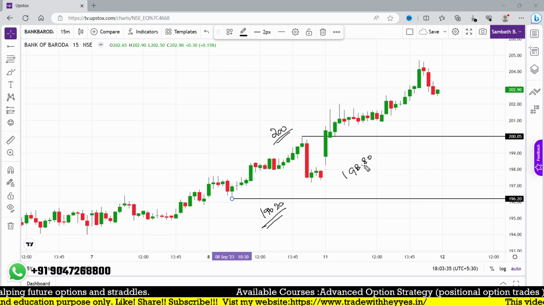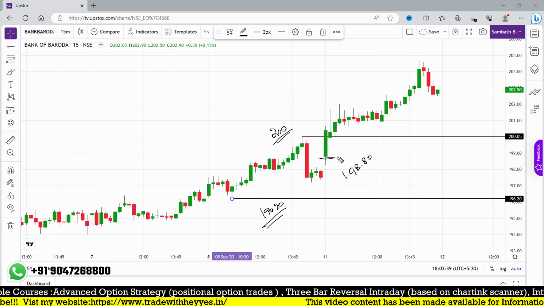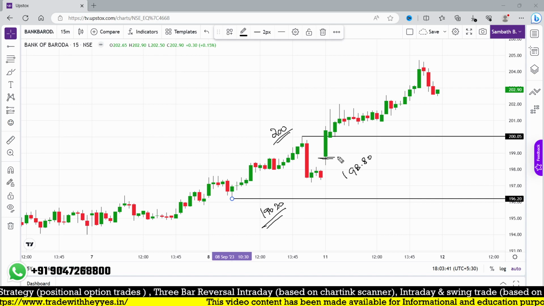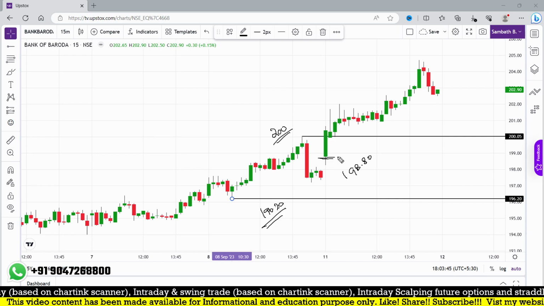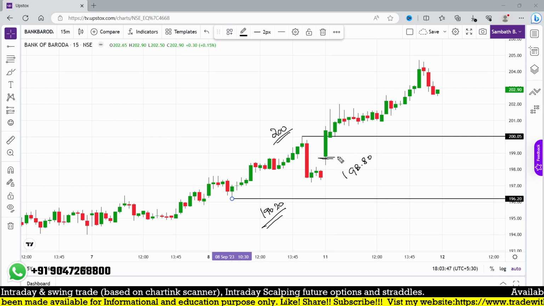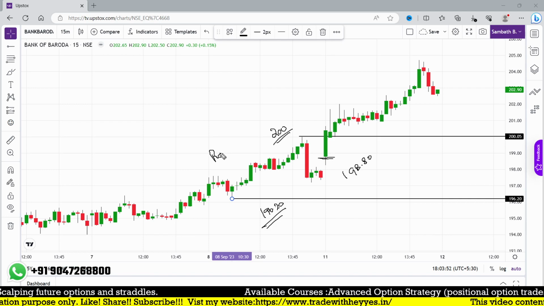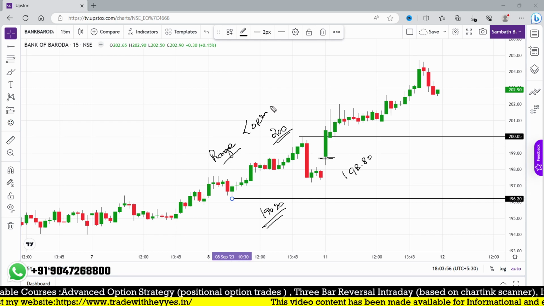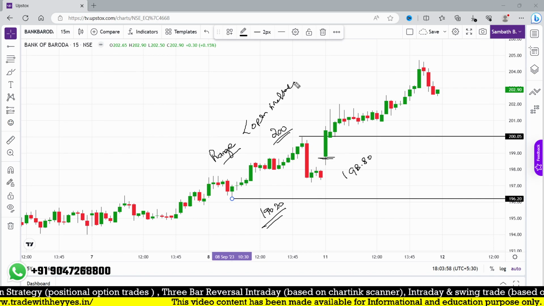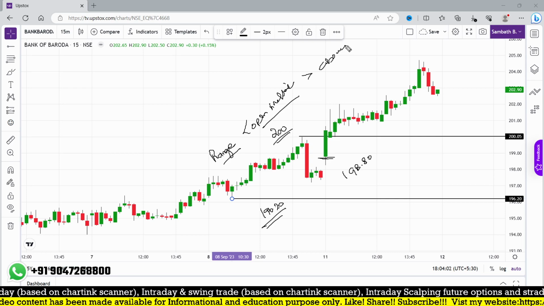198.8. So what I'm exactly looking for is that the open today is in between the previous day range, and the first 15 minutes should close above the range. So it is about the range, 200 to 196, open inside the range, and it must close above the previous day range.